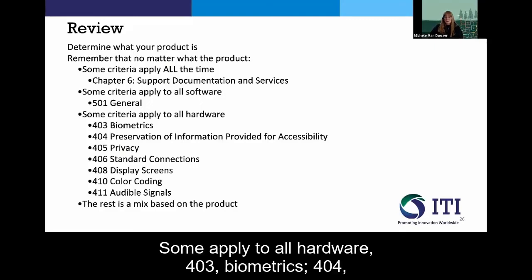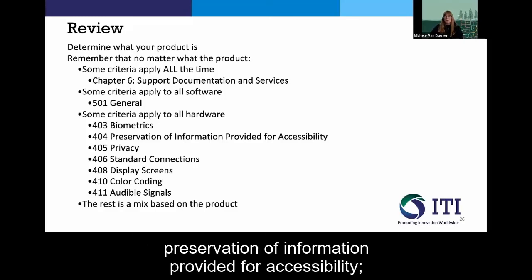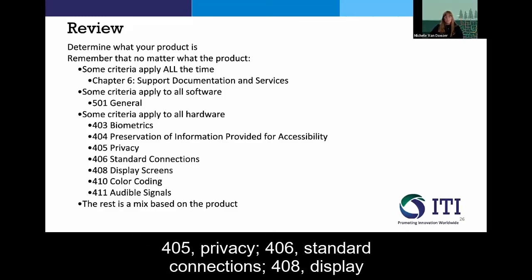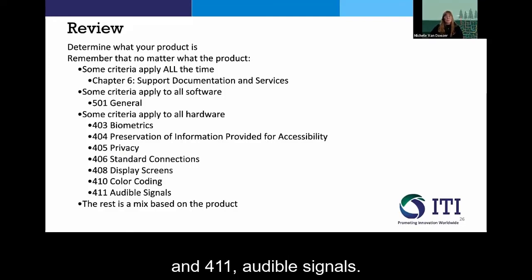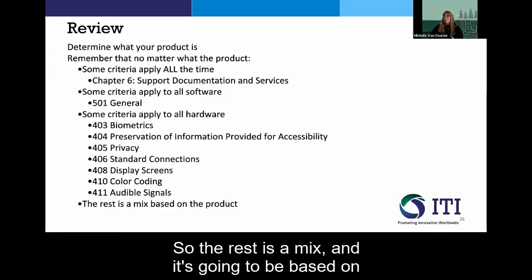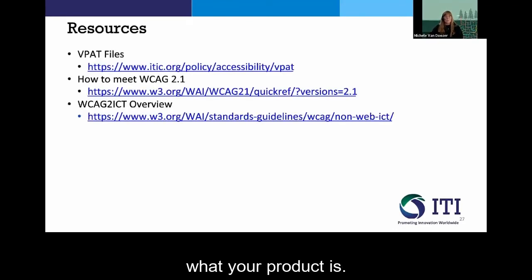Some apply to all hardware: 403 biometrics, 404 preservation of information provided for accessibility, 405 privacy, 406 standard connections, 408 display screens, 410 coloring tools, and 411 audible signals. So the rest is a mix, and it's going to be based on what your product is.